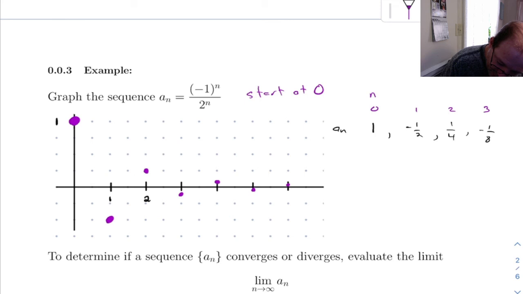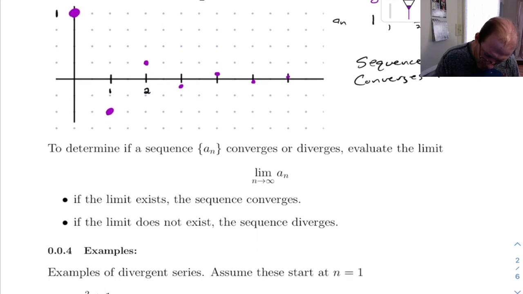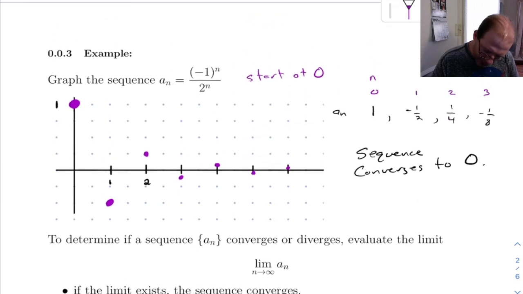So we'd say that this sequence converges to 0. And what that means is we can get it as close to 0 as we want by taking n to be sufficiently large. So we need to talk more about sequence convergence and divergence, but let's put that in the next video.